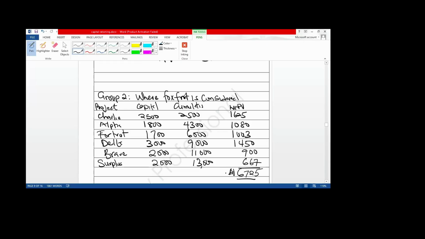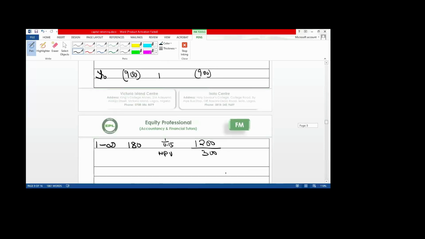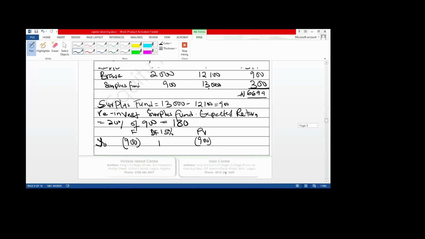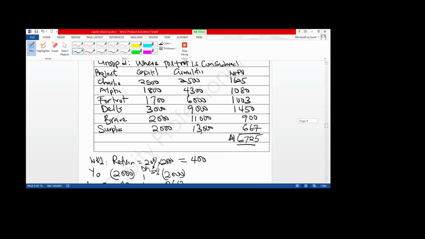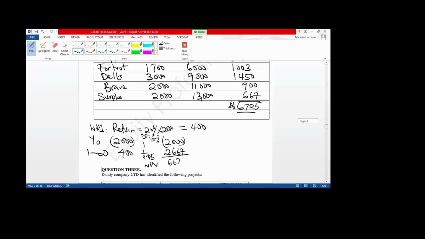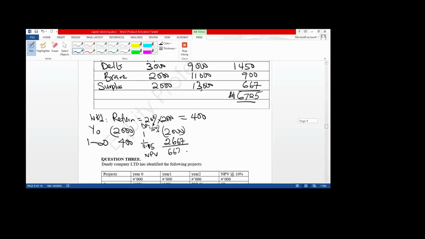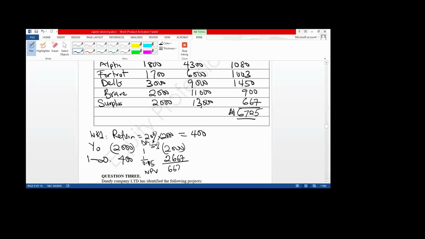Which of the project combinations is better? Group 2. Look at the first group, 6,699. The second group, 6,725. 6,725 is better. Is that not, please? Yes, sir.